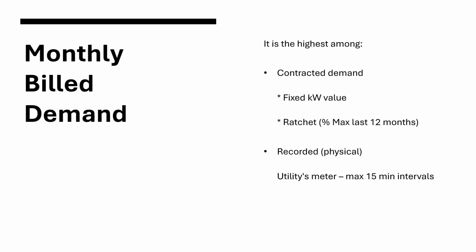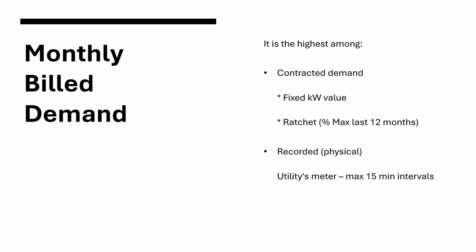Let's see now how the local utility company bills the demand. It is the highest among the contracted demand, which we have already discussed might be a fixed kilowatt value or a ratchet, and the comparison with the recorded physical demand.